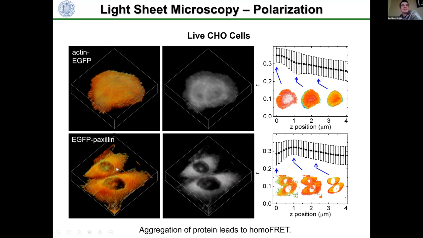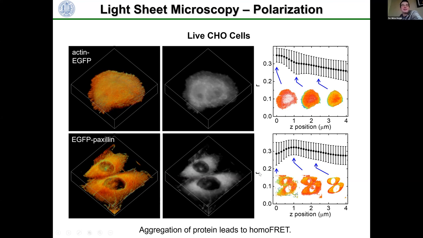Why is this? Well, here those molecules are highly compacted, so you can have energy transfer between two EGFP fluorophores in the form of homo-FRET. And this also leads to a depolarization of the fluorescence. And this is what you can see here.